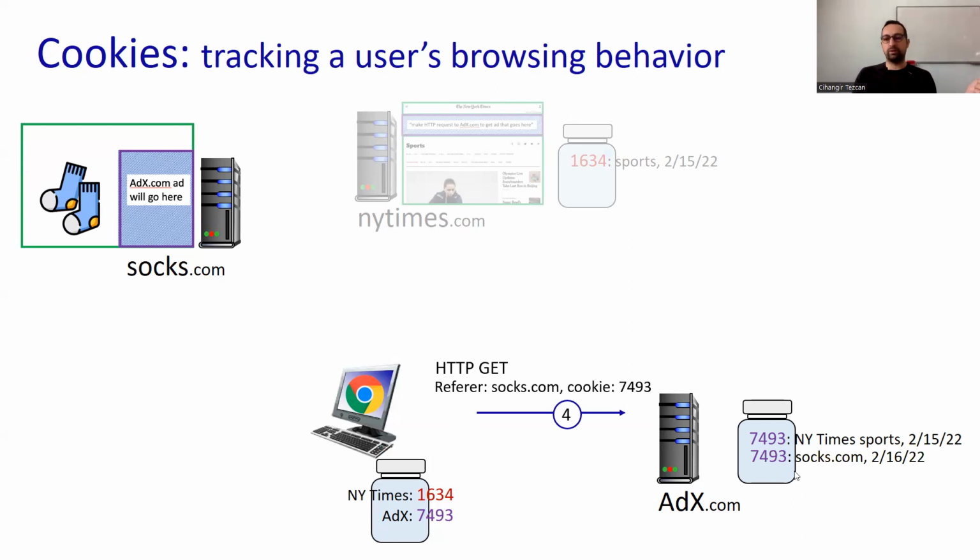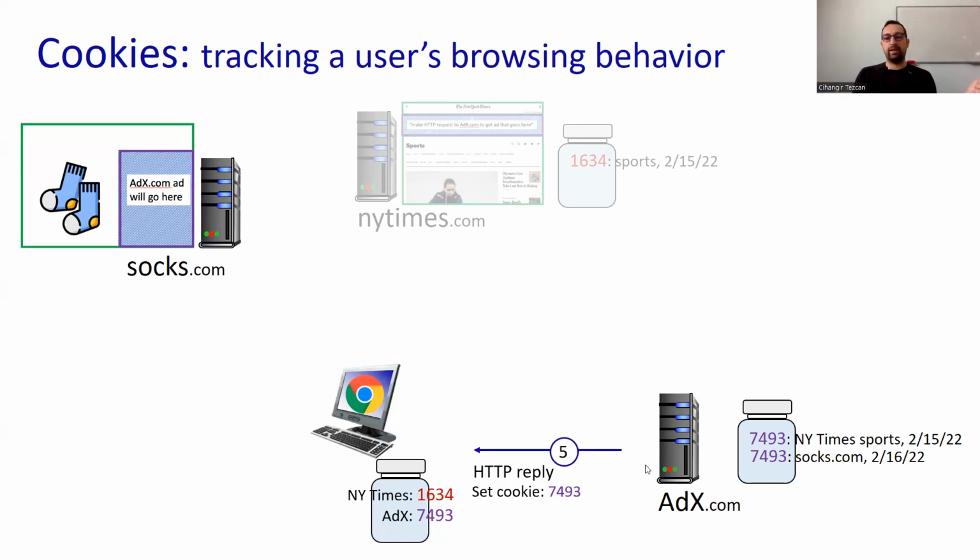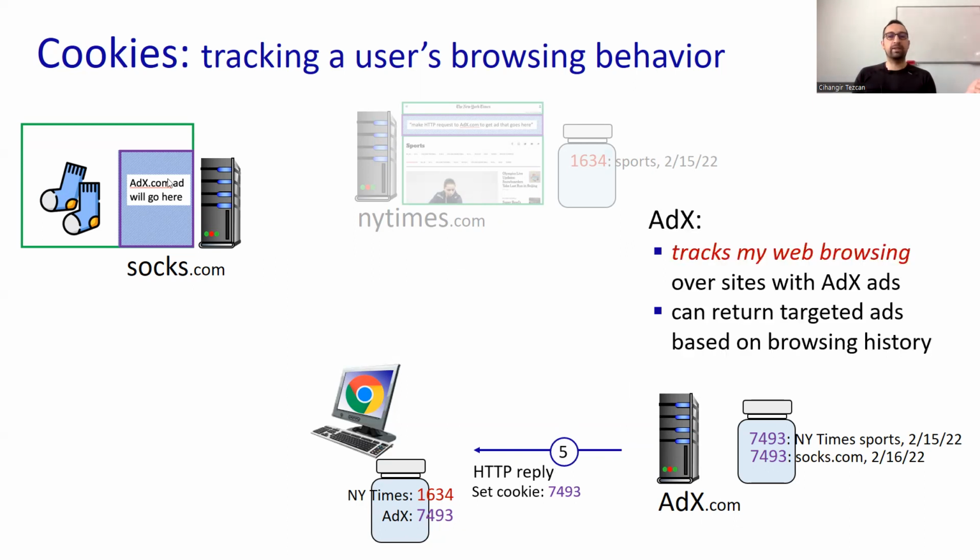Saks actually refers to this web page, and they already know who you are, and they will provide the advertisement accordingly. So the ad tracker monitors my web browsing, and it can return targeted ads based on browsing history. Whenever I visit a web page that has advertisements with this company, they will know all of the web pages I visit.